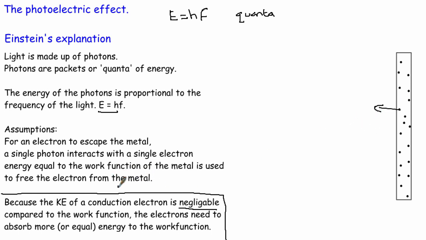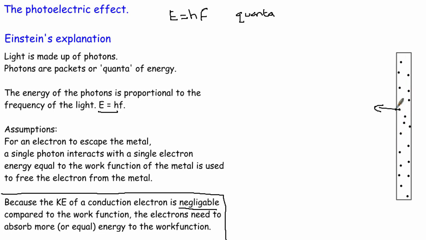Now, one really important new thing is we're going to think about how much energy this thing needs in order to gain enough kinetic energy to move away. Now, if we heated these things up a lot, then we'd end up with thermionic emission. Because these things are basically at room temperature, they've got kinetic energy anyway.